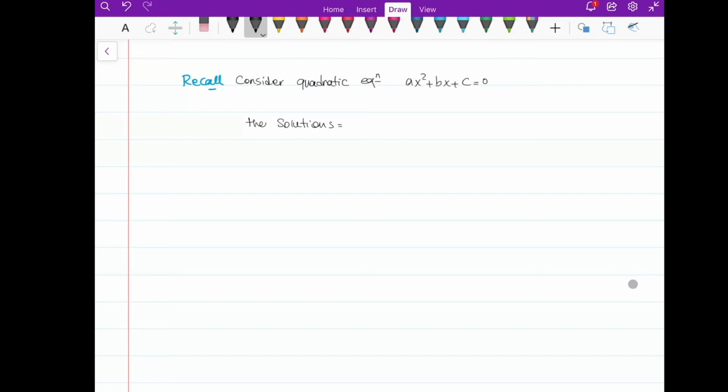The solution is basically the numbers that you can plug into the equation, and then you do some algebra and get 0.